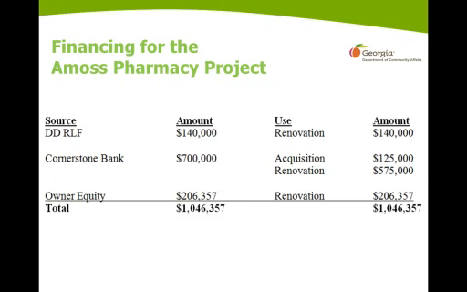As you can see, there was some acquisition cost involved in this particular project, $125,000. The Downtown Development Revolving Loan Fund participated with $140,000 towards renovations, and the owner injected a little over $206,000 in cash for a total project cost of a little over $1 million.